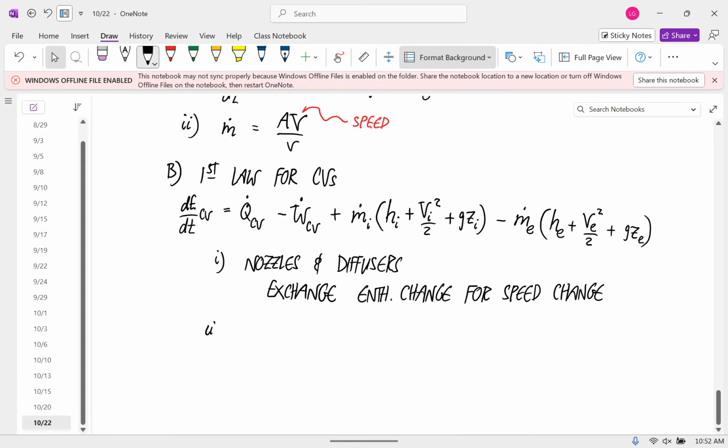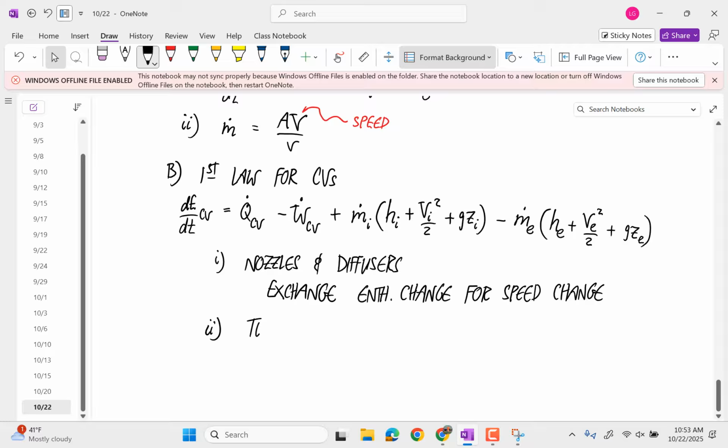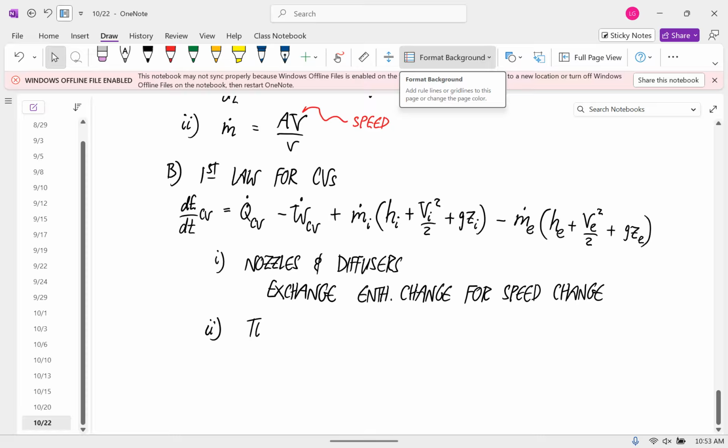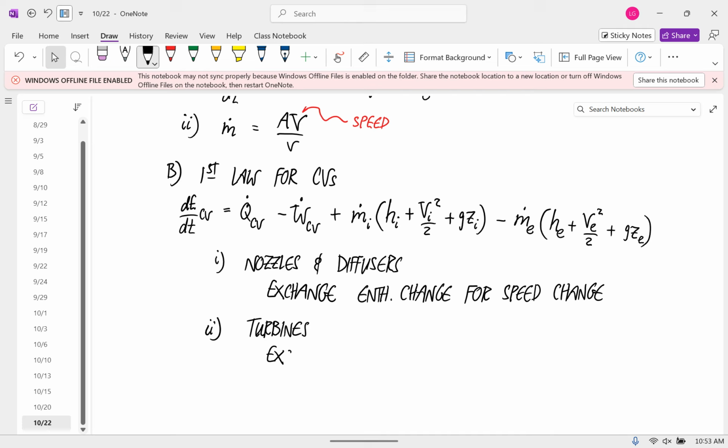Then we talked about turbines, and roughly speaking, these exchange enthalpy change for power output.